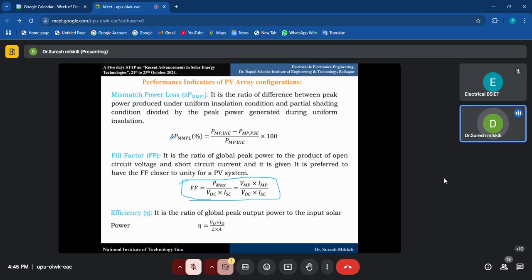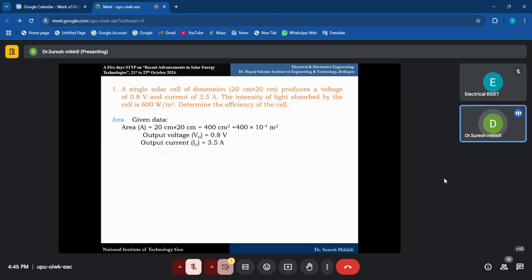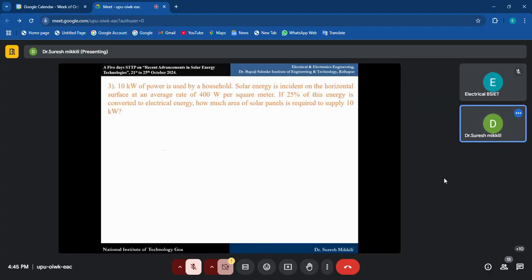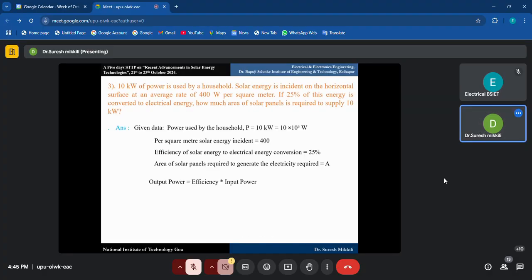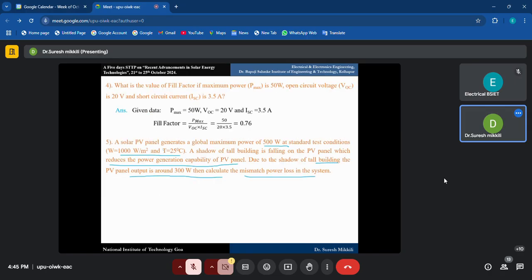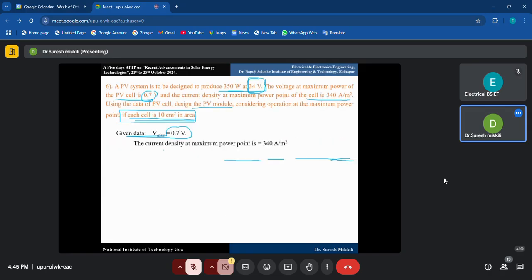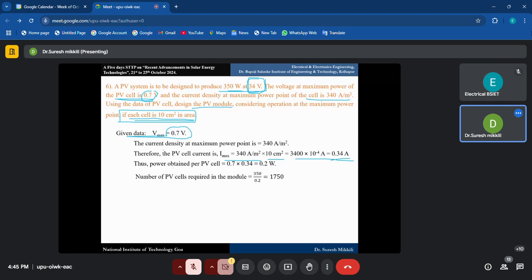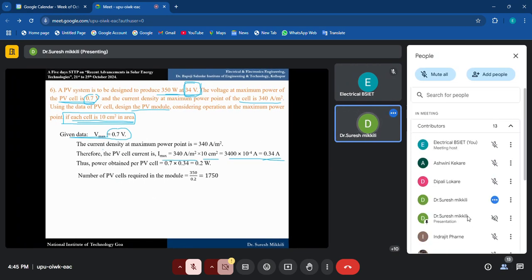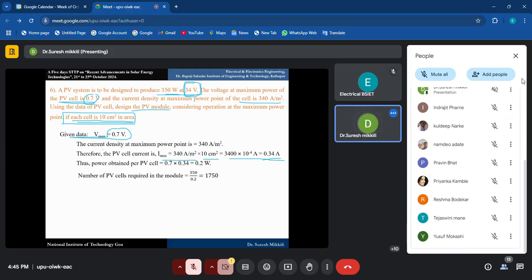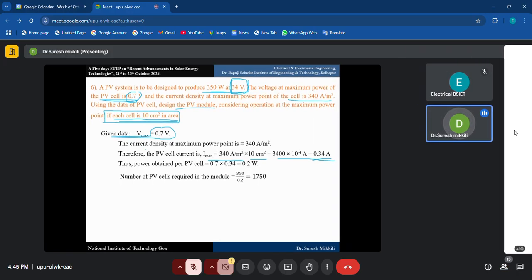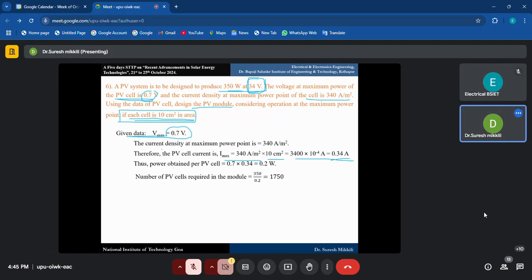How many cells should be in series? Number of cells in series will be total voltage by voltage per cell. How much are you getting?